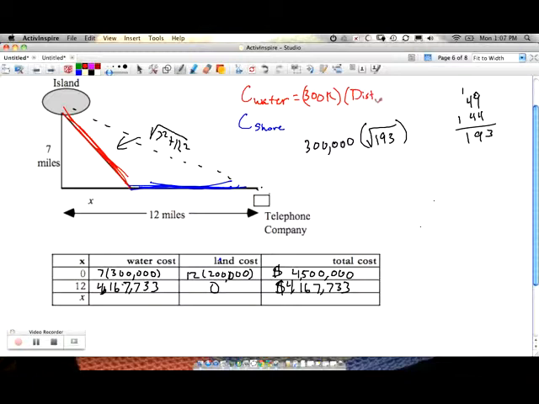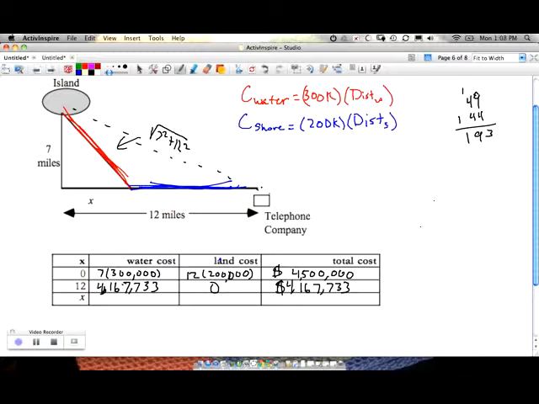And then, so I'm going to erase this piece here and work out the blue. And then the blue is going to be 200,000, because that's the shoreline, times the distance of the shoreline. Let's see what we can find out for that.